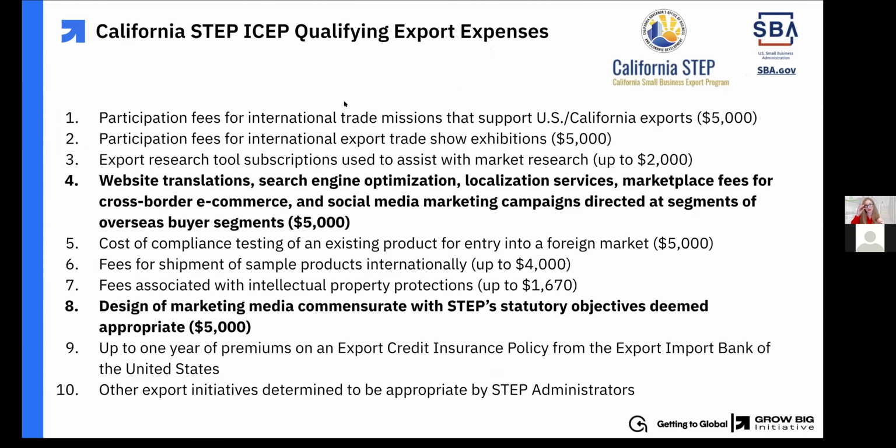$5,000. So here are the 10 qualifying export expenses. Again, you have this slide in the module. Especially for the e-commerce companies, I would like to bring your attention to number 4, website translation and search engine optimization.